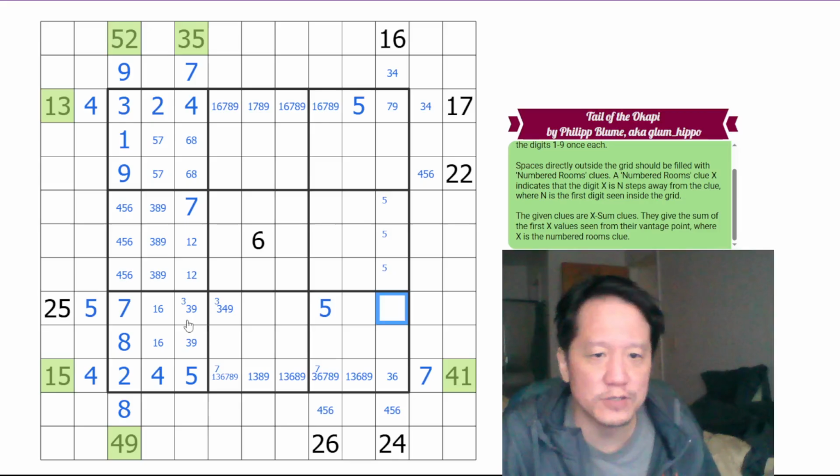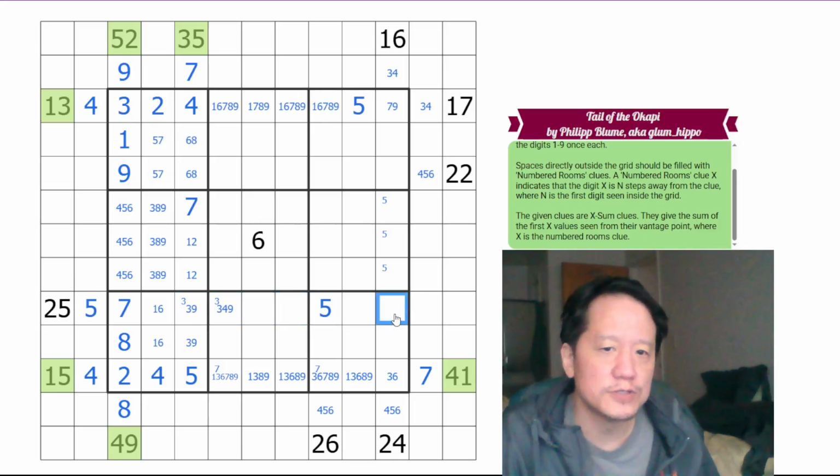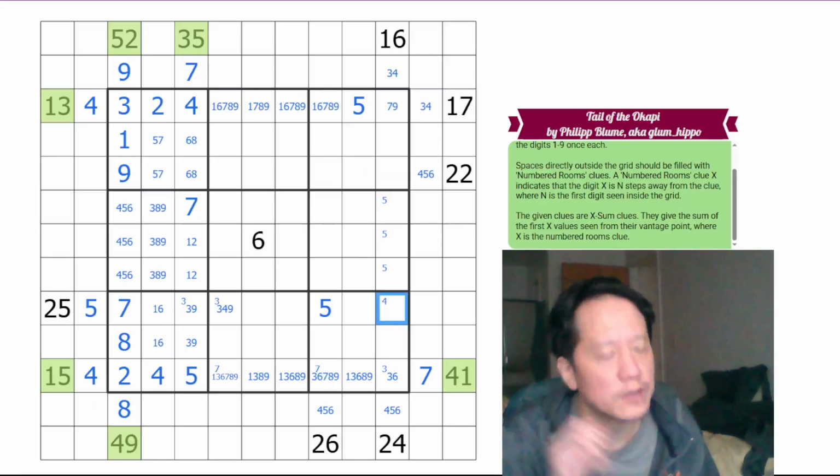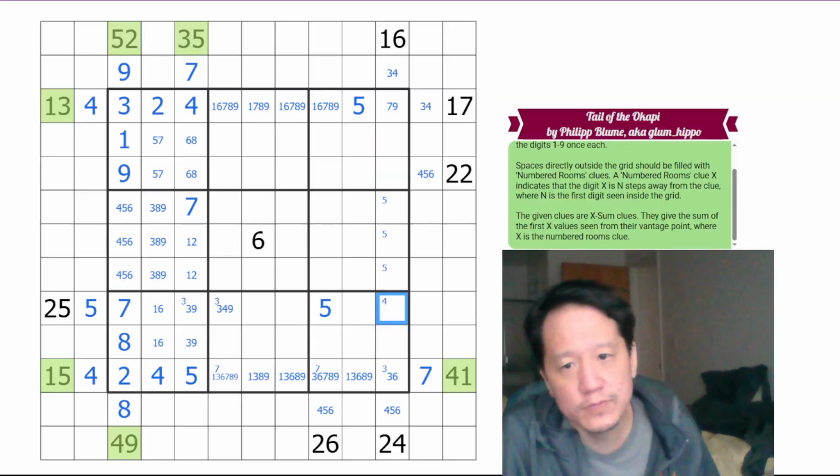So since 3 can't be here, if this is 3, this has to be 9. So we either have a 3 here as the 9th, or a 4 here. That's interesting.